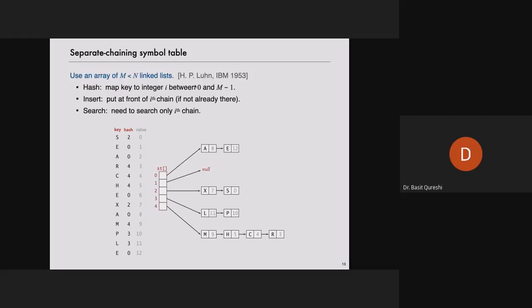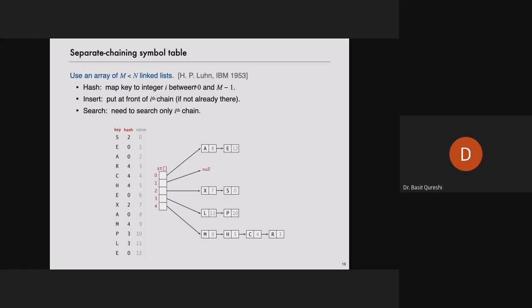Okay, so the idea is, for example, I would like to store x. X hashes to position 2. So instead of storing x on position 2, I would rather insert it in the linked list attached to position 2.